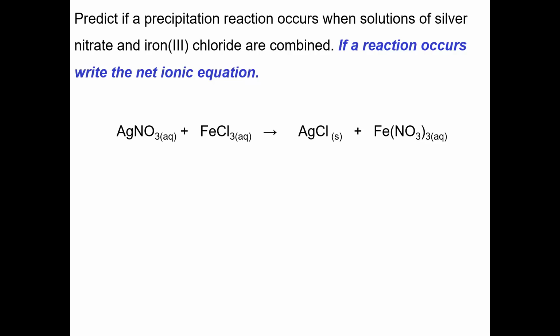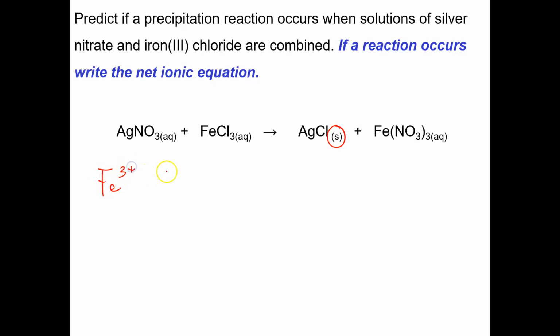We want to cancel spectator ions, and we also want to generate a balanced equation, because we can see when we write this molecular form of the equation that it isn't currently balanced. So we've got the correct products here. We identified previously that the silver will combine with the chloride ions to form solid silver chloride.